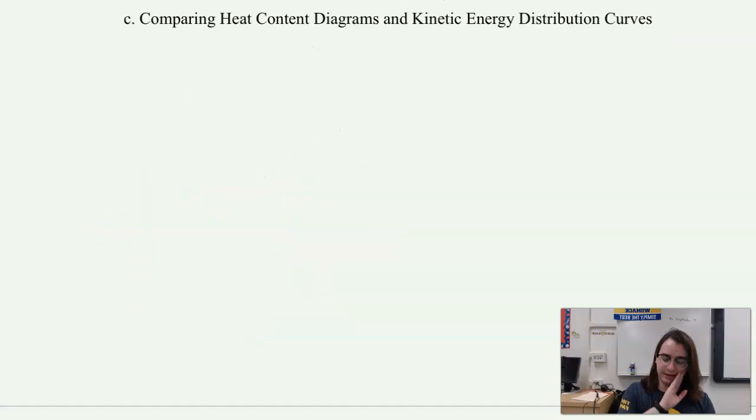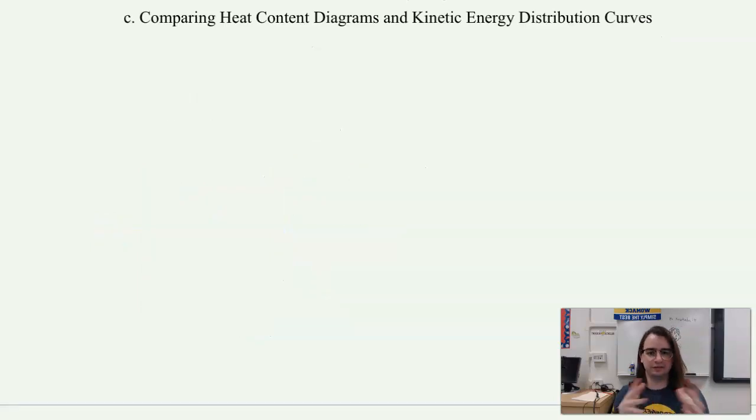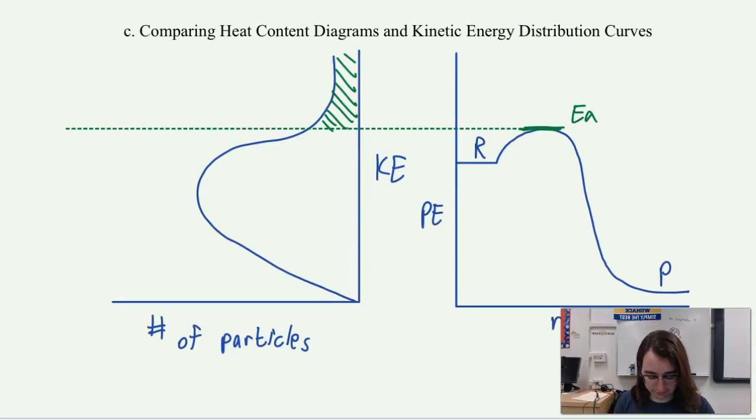Take a second and draw these back out again. I'm just going to pause and draw them so I don't make you watch me draw the whole thing. All right, so I just copied mine from before, and now I'm going to adjust my activation energy for my new graph. So this is now my activation energy if I was catalyzed.